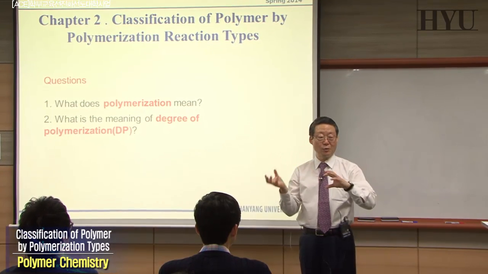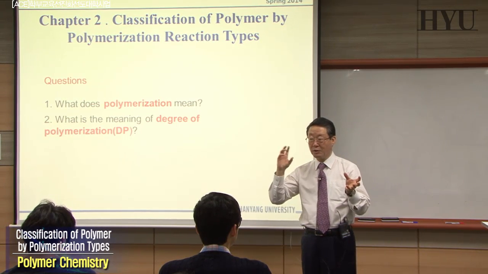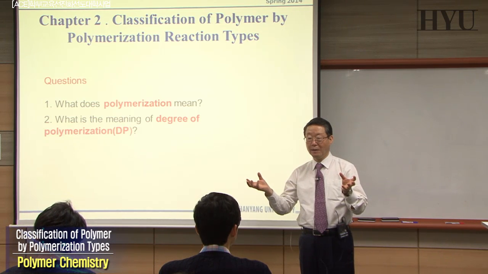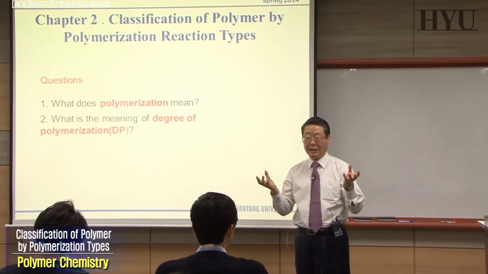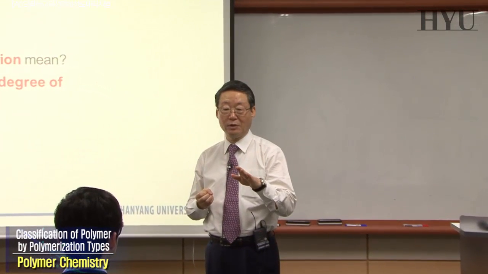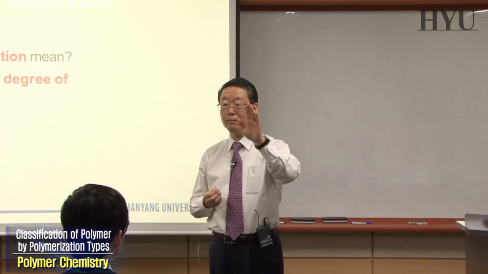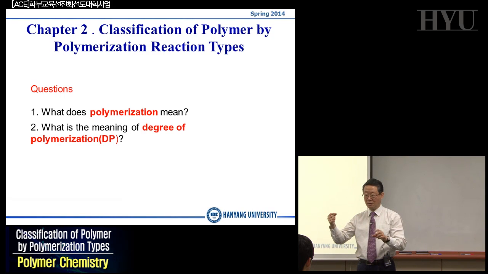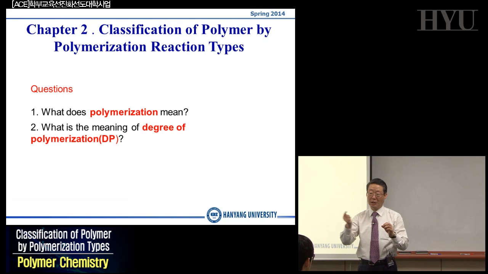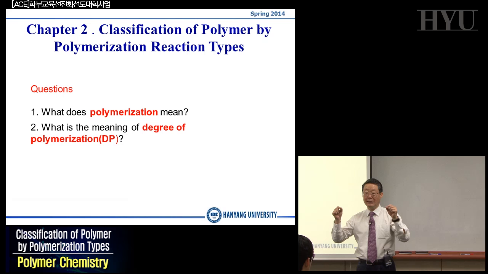Okay? I will show you the difference between step growth and chain growth. As its name says, step growth is the reaction where you go like a step, whereas chain growth is like chains gathering together. If you have many monomers in your reactor, chain growth polymerization will go from one monomer to the other monomer like a chain, whereas step growth polymerization goes from any sites.